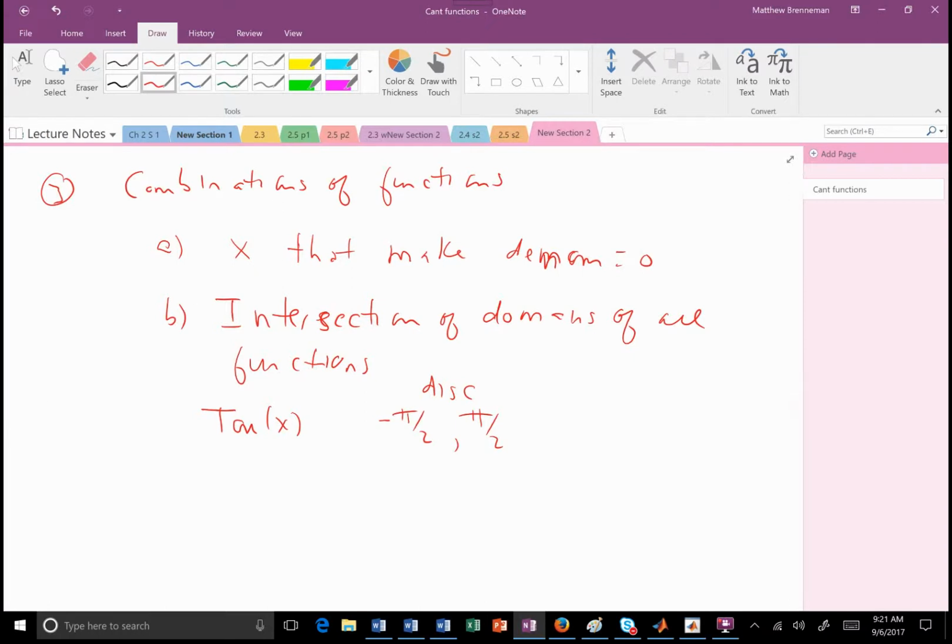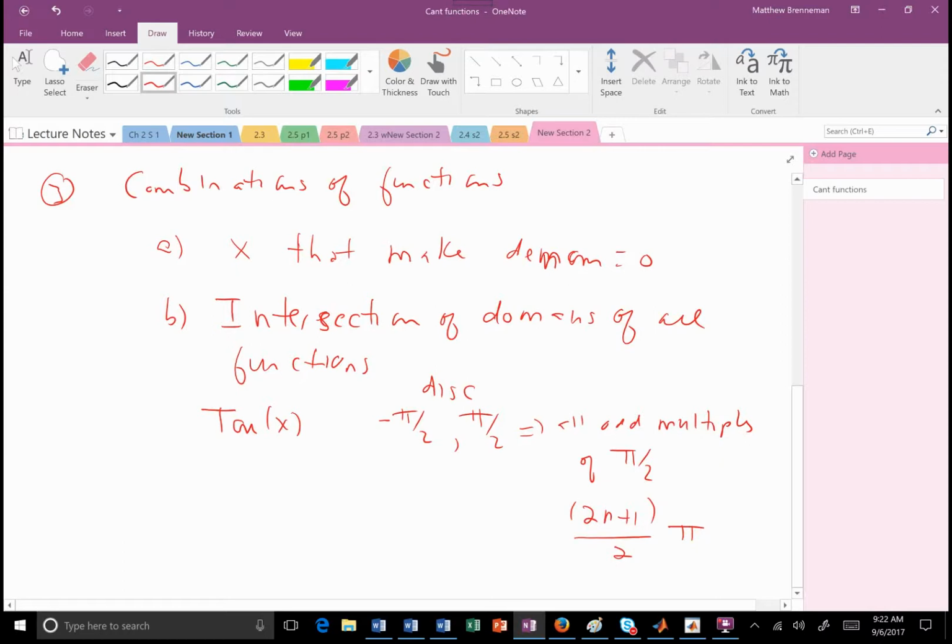So how do we represent that? What we say is all odd multiples of pi over 2. Okay? So this is discontinuous at all odd multiples of pi over 2. Or if you want to be mathy about it, you can write it as (2n plus 1) over 2 times pi.